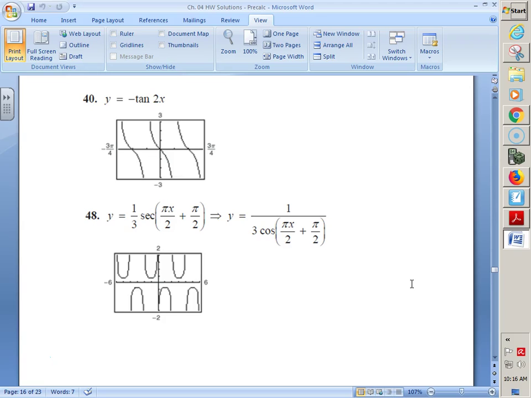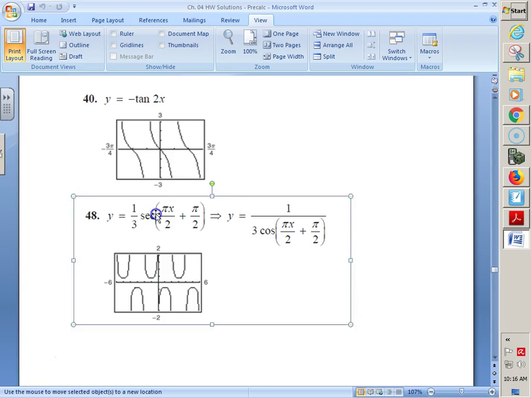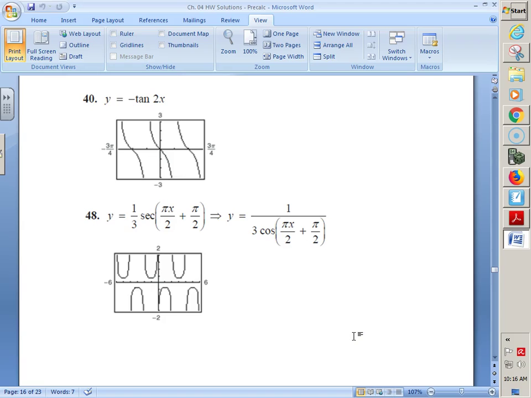48. You were using your calculator on this one too? Mm-hmm. Do you guys see what you would have needed to put in your calculator? There's a couple different ways of doing this, but hopefully some of you figured out that secant is 1 over cosine, which it is, but the 1/3, you could have had the 1 over 3 cosine. There's your 1/3.